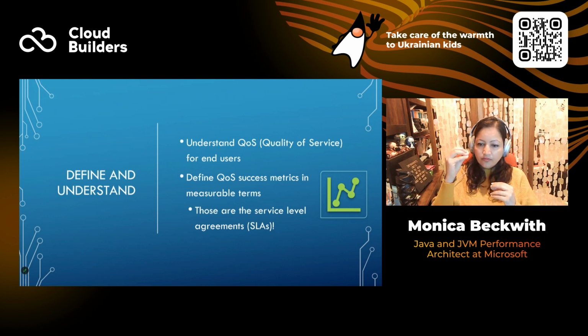So if you're lucky, the stakeholders that you're trying to help are actually already ahead of the curve, and they already have some SLAs defined for you. If not, then you sit down and define SLAs with them.